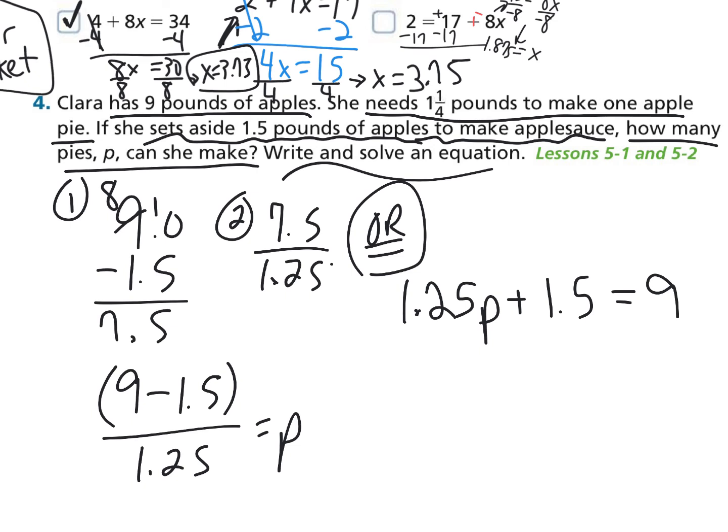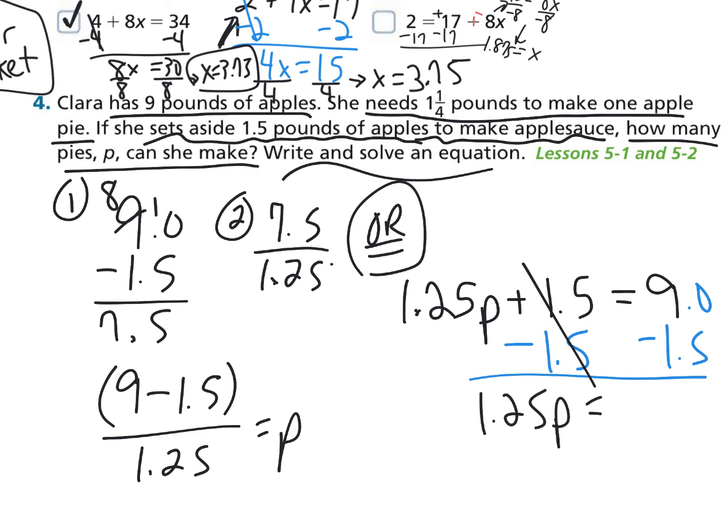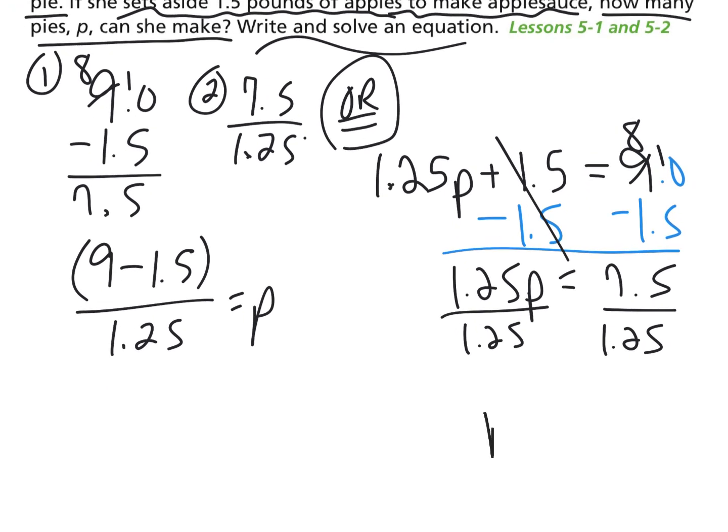If you set up that equation, they're adding, so you could subtract 1.5. They're multiplying, so you could divide by 1.25. And you would get 6, which means you could make 6 pies.